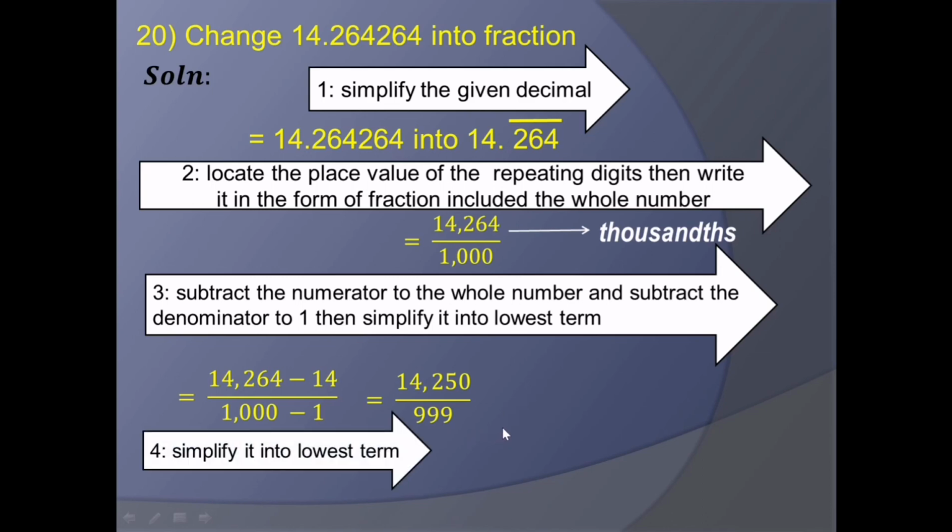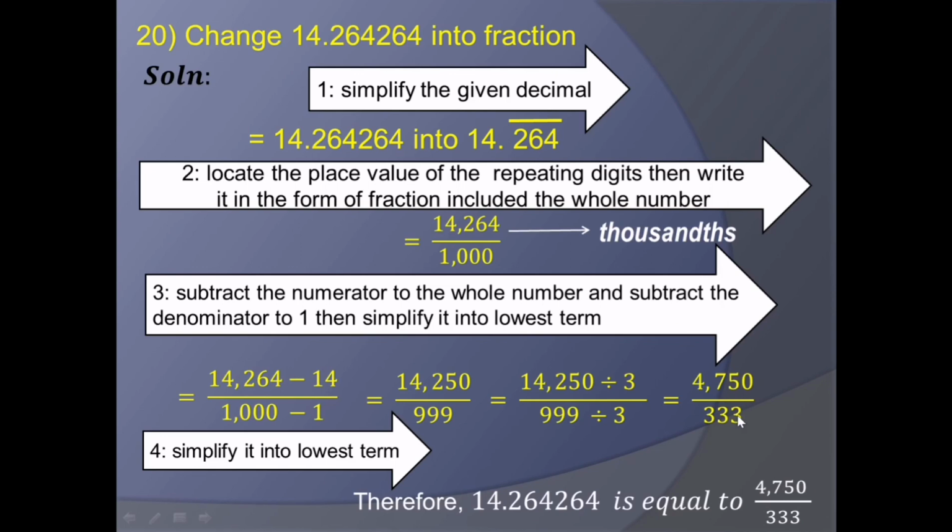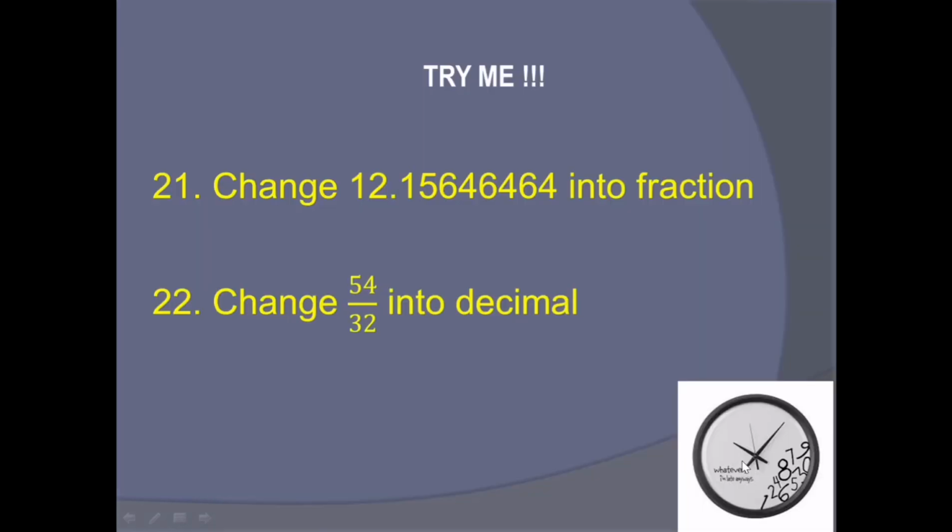Okay, simplify into lowest term. We have 14,250 divided by 3, 999 divided by 3, which gives you 4,750 over 333. So if we divide 4,750 by 333, it will give you 14.264264 and so on. Okay, so that's it.